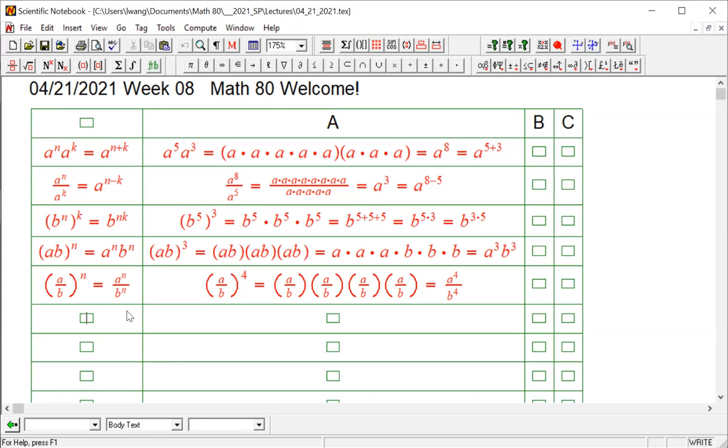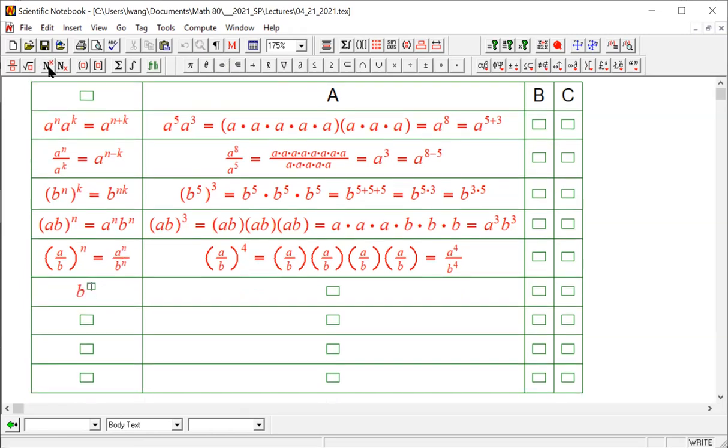All right, the next row is about b raised to the power of negative n, minus n.